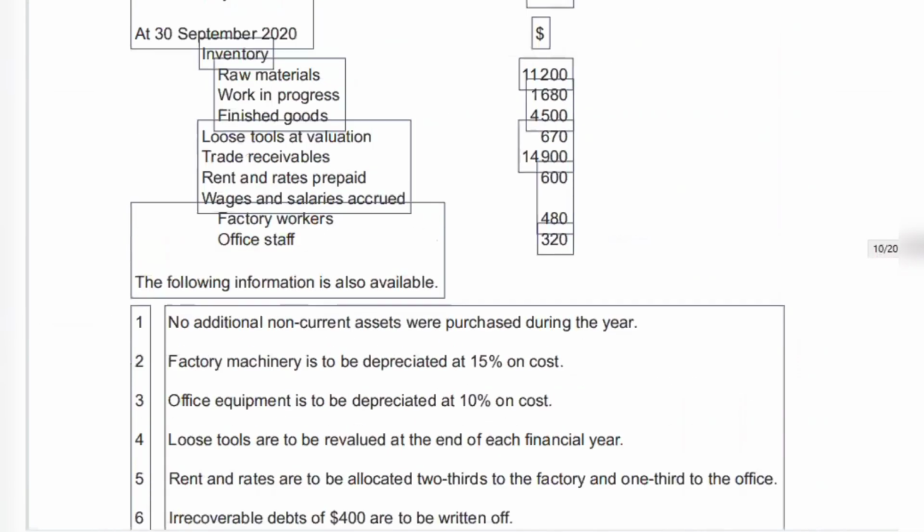Rent and rates. It is written that rent and rates were prepaid. It was also written that wages and salaries of factory workers were accrued 480. So that's why we added 480 in the wages and salaries of the factory workers.